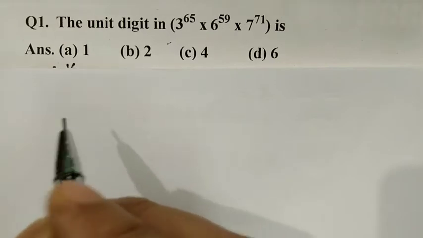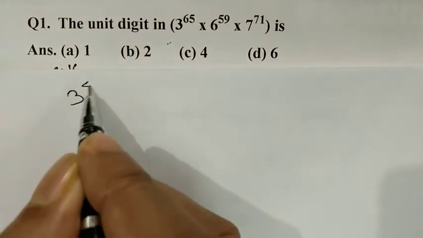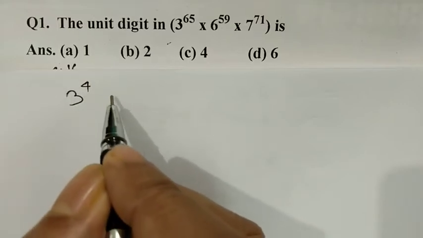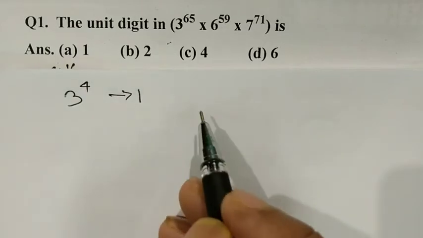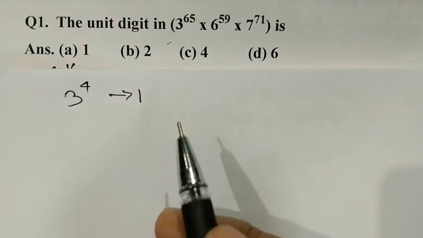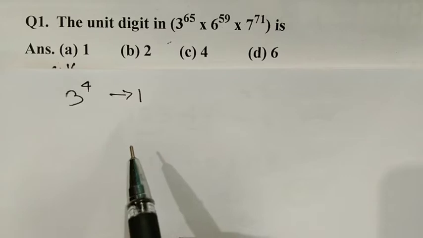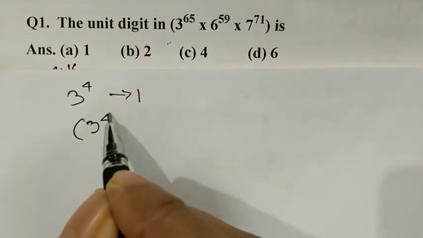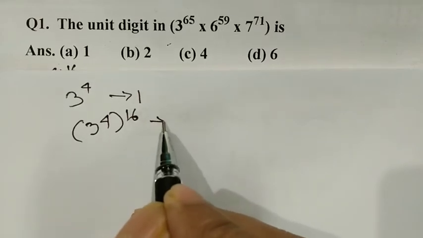Unit digit in 3 to the power 4 is 1. 3 square into 3 square: 9 into 9, 81, then 1. Then 3 to the power 4 whole power 16, unit digit 1.